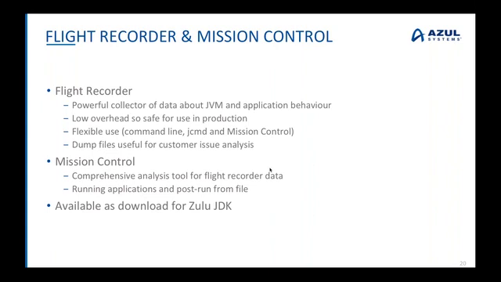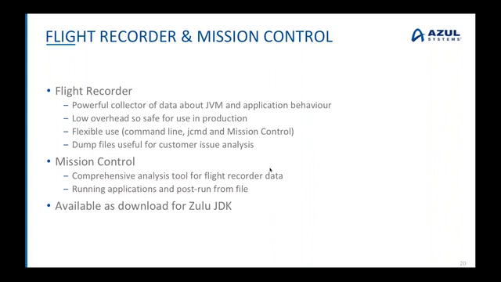It's very flexible in terms of how you can use it. You can use it for Mission Control. You can set things on the command line. You can use JCmd if you don't want to use Mission Control, or if you want to do it through a command line. Another nice feature about this is if you're using an application that's been provided to you by an ISV, then you can say, oh, okay, something's maybe not working quite the way I want it to in terms of performance. You can use Flight Recorder, Mission Control.